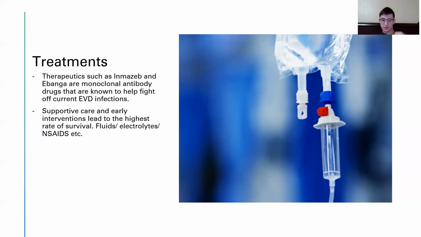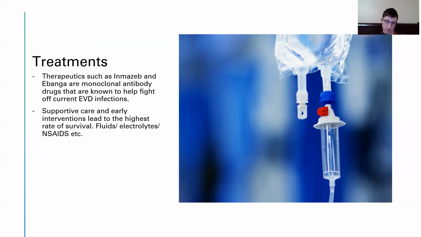But pretty much these MABs deactivate the Ebola glycoprotein, which is the whole thing that causes that whole terrible event of infecting the dendritic cells and not allowing it to produce an MHC complex.